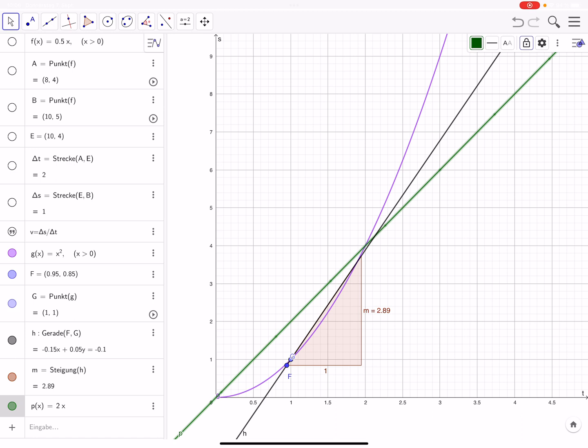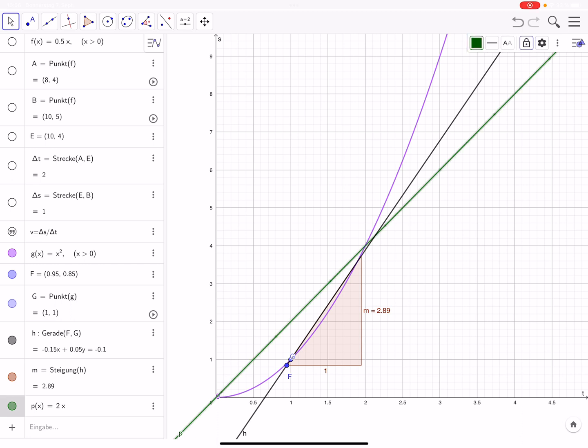So on the green graph here we have the value of 2. If we did that for all the points on the parabola, we get this green graph, and we can interpret this as the velocity, because that is the change of position.